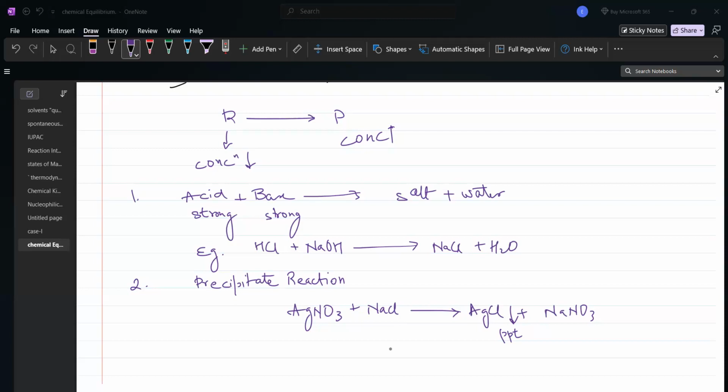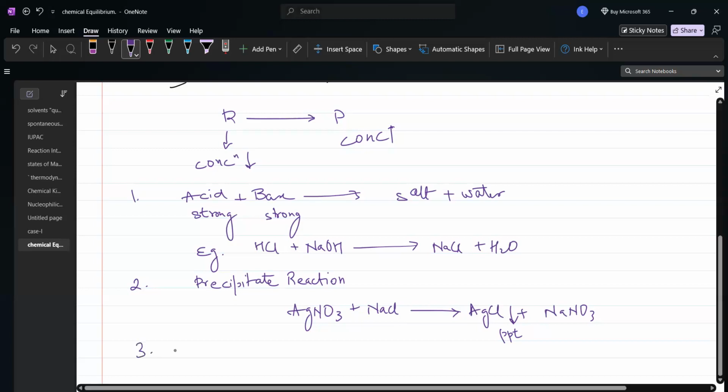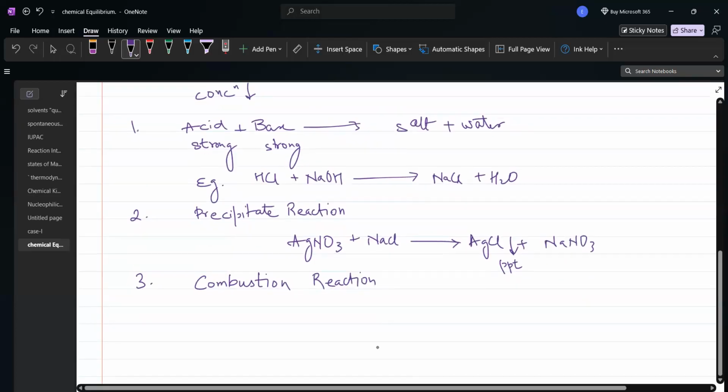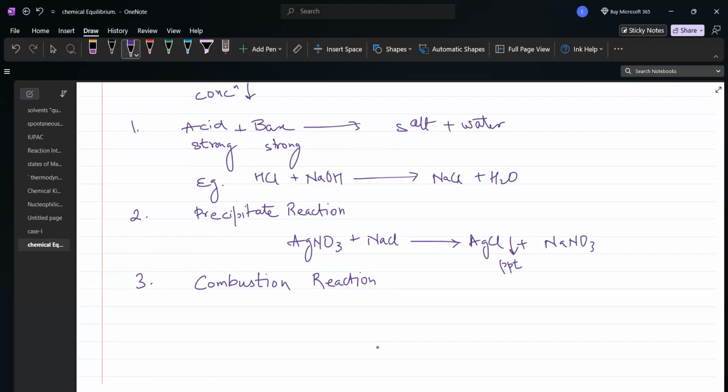Okay. Another popular example, combustion reaction, which you have already seen in your daily life. For example, if you burn paper, which is an organic matter, it has carbon in it. Okay, so the burnt paper will never convert once again into carbon.